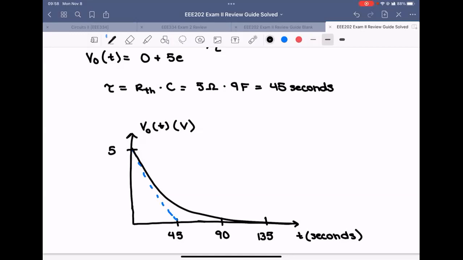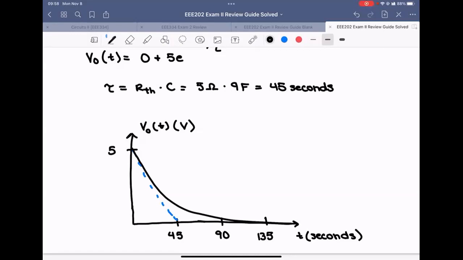And we can just start at our top voltage of 5 volts. You draw your tangent line from that maximum 5 volts straight down to 1 tau. Now, my handwriting is not straight, but that's the point there. And then you just follow the curve.